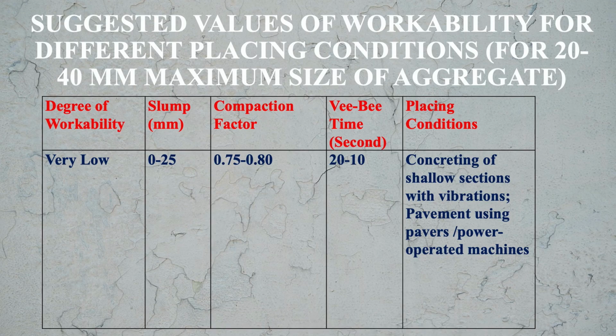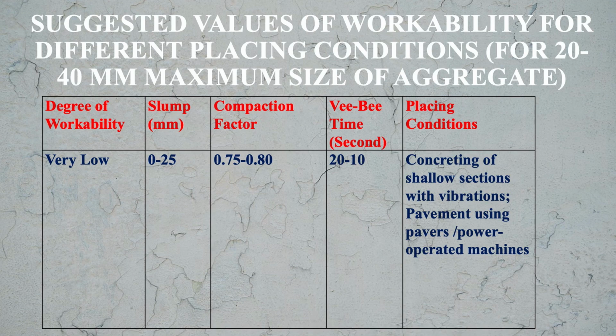The fourth column gives the VB time or the VB degree in seconds. As you know, VB time is measured in seconds. And the last column gives the placing conditions, that is, the conditions in which this concrete can be used. So these are the conditions.